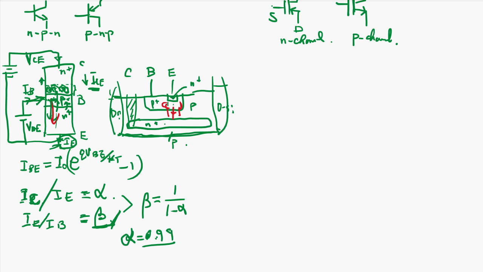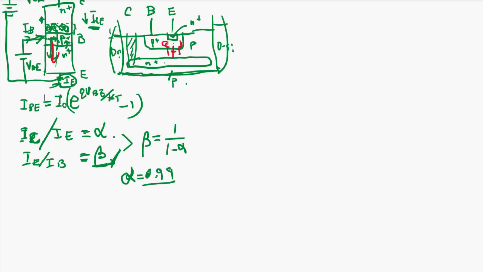Okay, so that's why it can do amplification. Suppose IB is 10 microamp, then 100 times, IE is 1 milliamp.